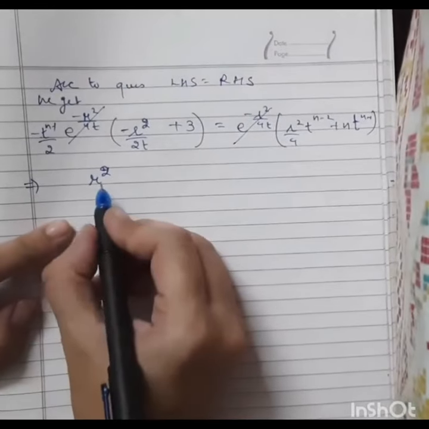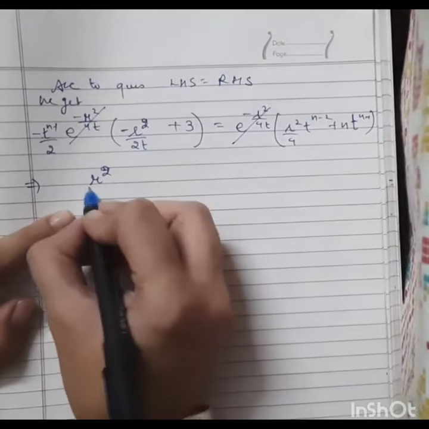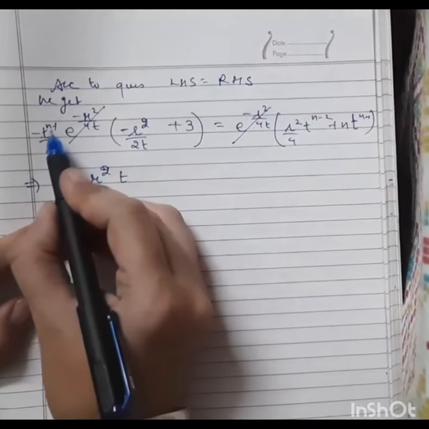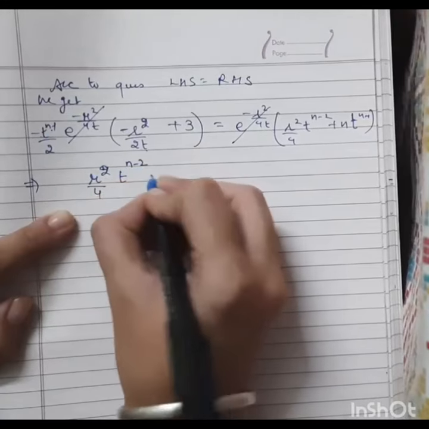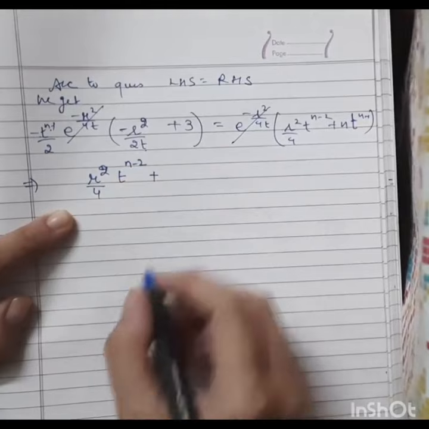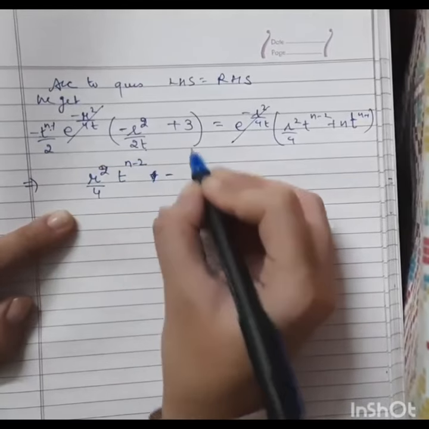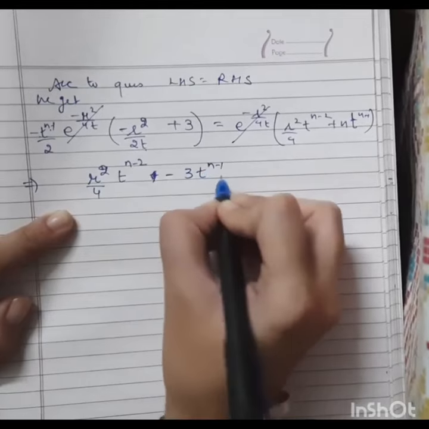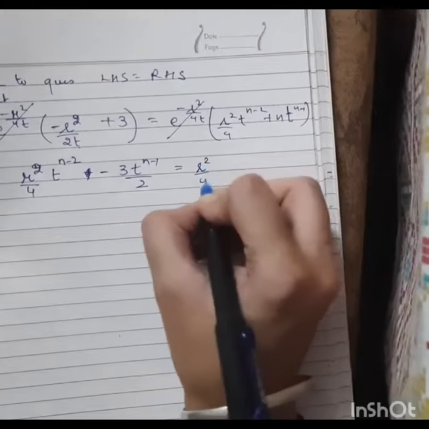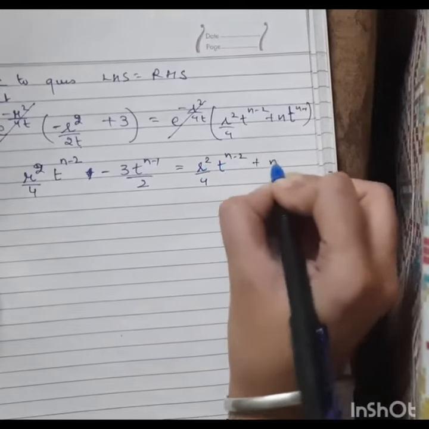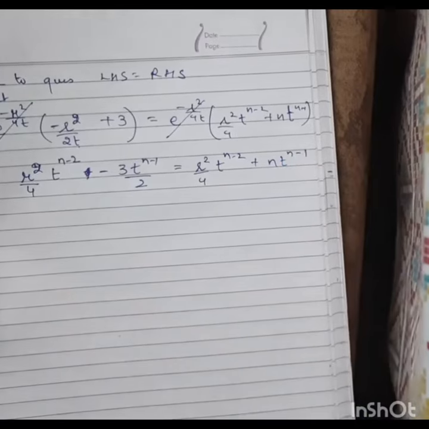So this is r square, 2 and 2 will become 4, t raised to power, it's already n minus 1, 1 t is in the denominator, n minus 2 plus, sorry, this will be changed to minus 3 t raised to n minus 1 upon 2 equals to r square upon 4 t raised to n minus 2 plus n t raised to n minus 1.